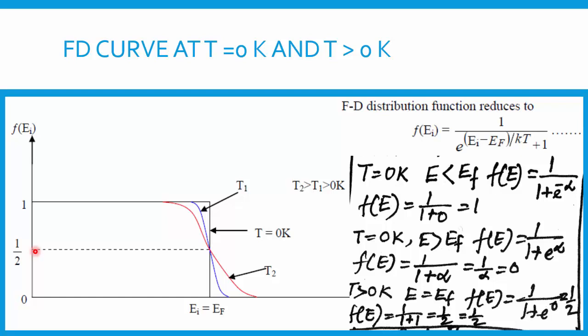So the attendance, or probability, is 50%, or half. This is called Fermi energy. So for T greater than 0 Kelvin, the Fermi energy is that energy level where the occupancy or probability is half. So what does the graph say?